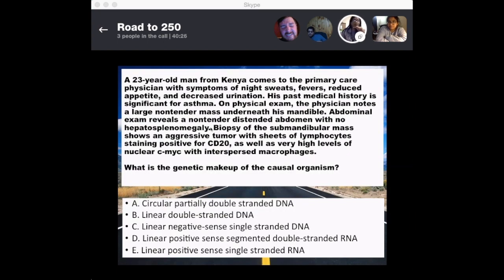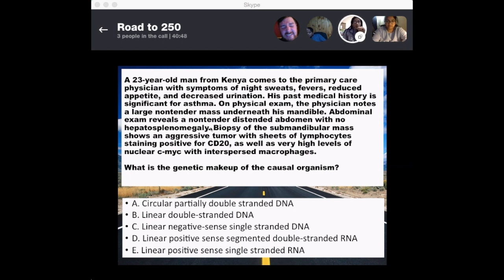Okay, last one. A 23-year-old man from Kenya comes to the primary care physician with symptoms of night sweats, fevers, reduced appetite, and decreased urination. His past medical history is significant for asthma. On physical examination, the physician notes a large non-tender mass underneath his mandible.